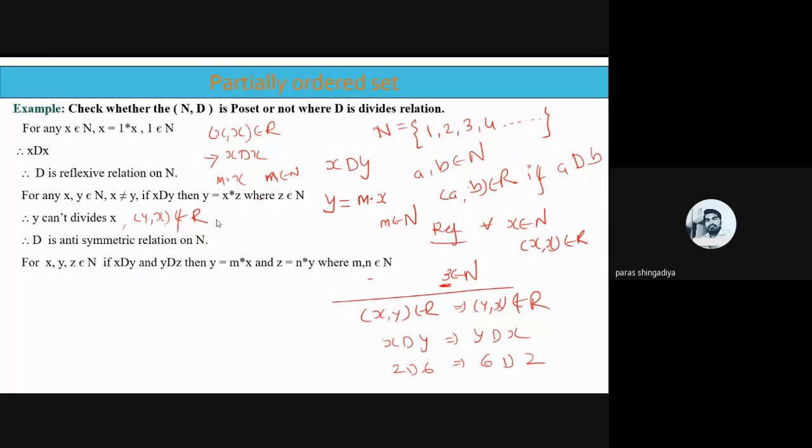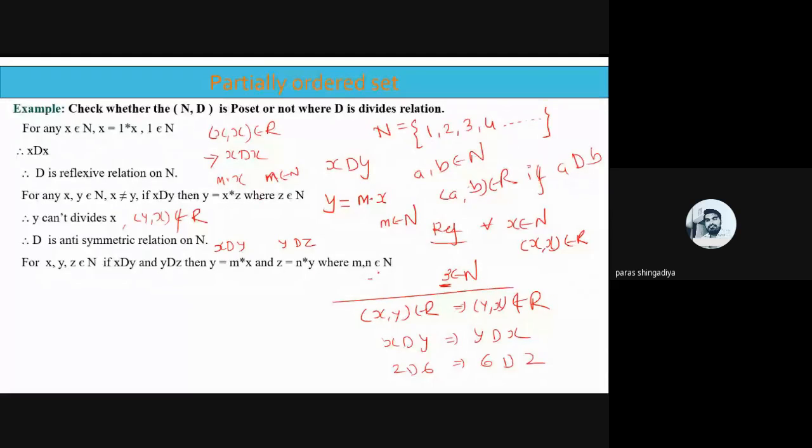So x divides y means we can write y is equal to mx. For the x divides y case, we can consider y is equal to mx, where m belongs to N. And for the y divides z case, we can write z is equal to n into y, where n belongs to the set of natural numbers. And we'll prove whether x divides z or not.